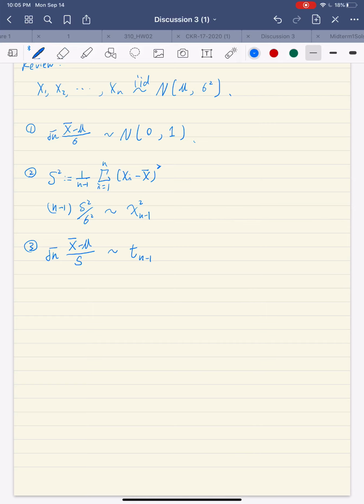We can also do some calculation like this. We know if Z is a standard normal distribution, divided by the square root of chi-square n over n, this will follow the t distribution with degrees of freedom n.